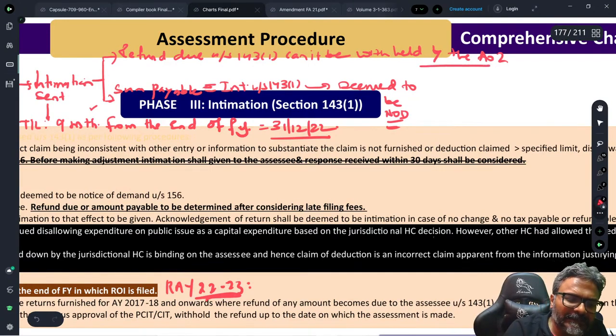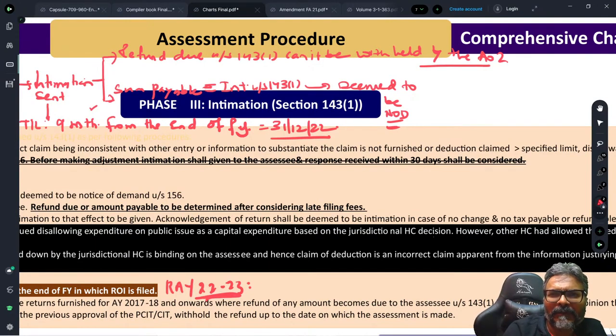To that the answer is yes. Why not? This refund which is due under section 143(1) can very much be withheld by the assessing officer, students. I hope that all of you are clear with this one. So the refund can definitely be withheld by the assessing officer in this context.